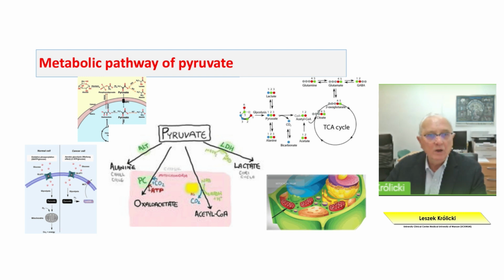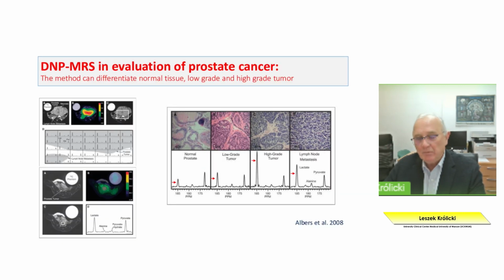And pyruvate. So here you can see the metabolic pathway of pyruvates. So we are watching the peak for lactates when it comes to tumors. So finally, we can say that this is the hybrid exam.